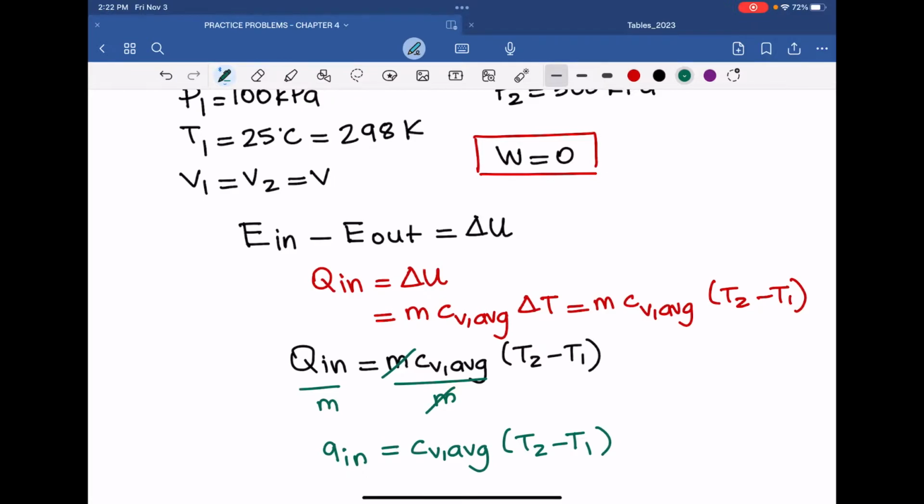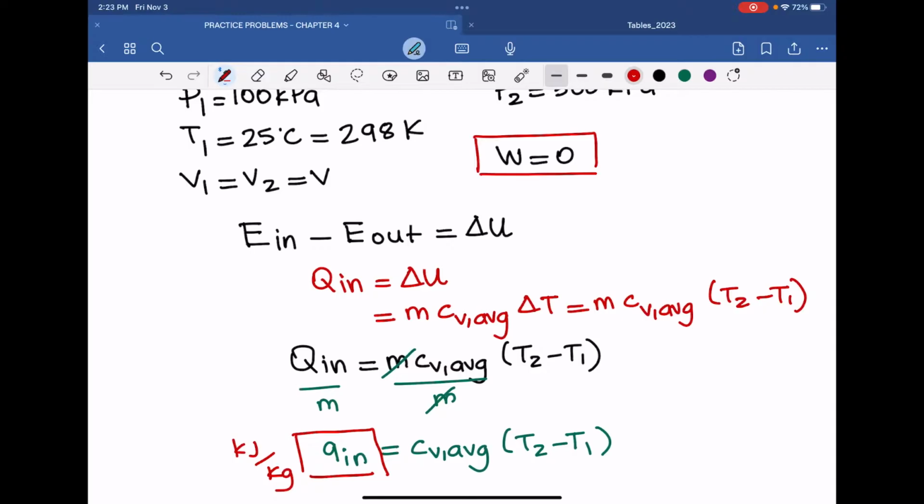That is exactly what they're asking for, because they're saying kilojoules per kilogram. They're asking for energy transfer per unit mass, which helped us get rid of the mass from our equation.